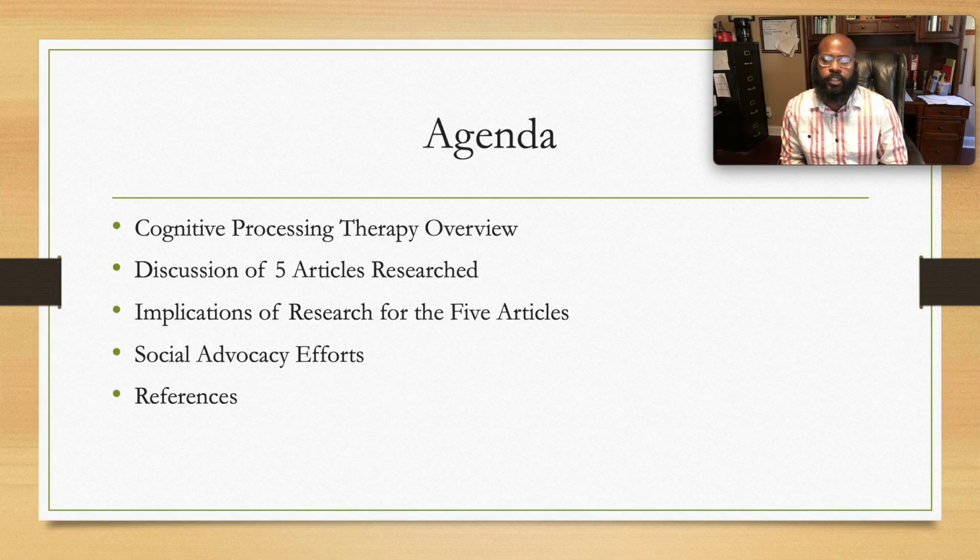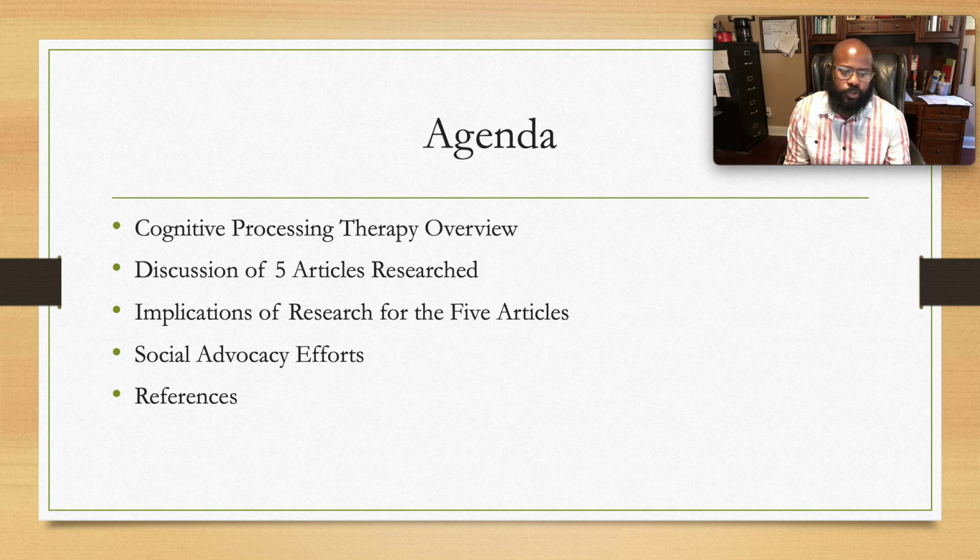All right, so here's the agenda. What we'll talk about today is cognitive processing therapy as an overview. Then we'll look at 5 different articles that I researched when it comes to implementing cognitive processing therapy into various therapies, looking at some empirical articles.